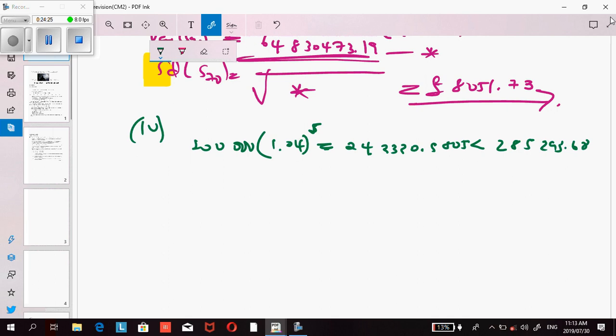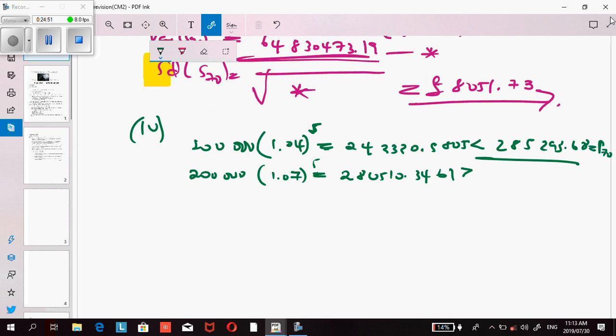If we try 7%, 200,000 into 1.07 to the power 5, I'm going to get 280,510.3461. Now it is greater than our annuity we want to purchase. I'm going to call this P70 so that I won't keep on writing this value. So this is greater than P70, which is what the question asked.